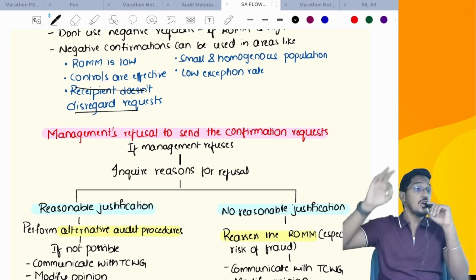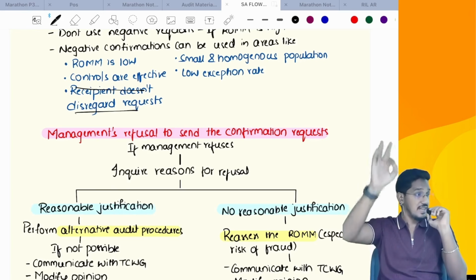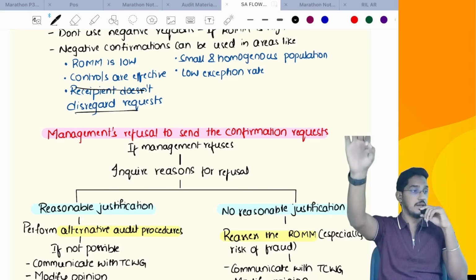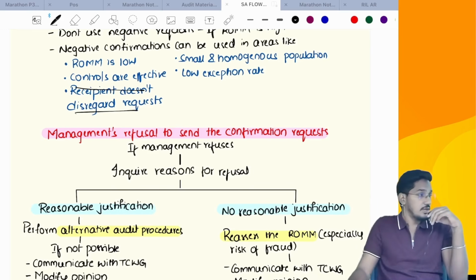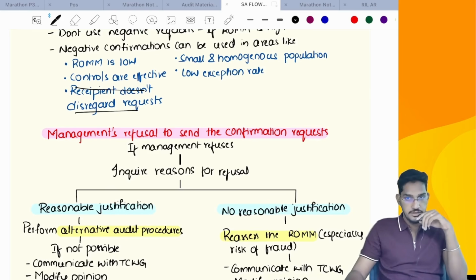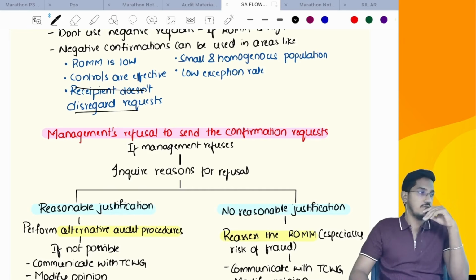You need to know who is the concerned purchase head of that third party and what is his email address. Without the help of management, you can't get it. So more or less, whether you agree or not, in order to send the confirmation request, we need the help of the management. But sometimes management will refuse.